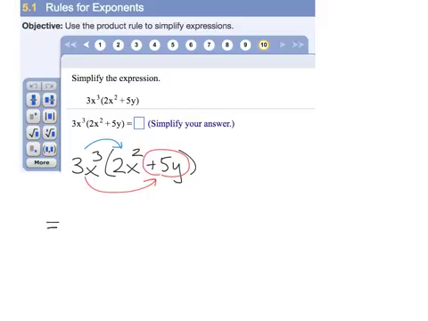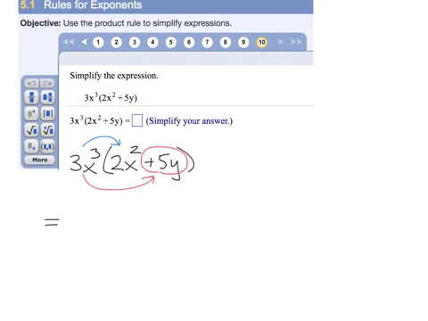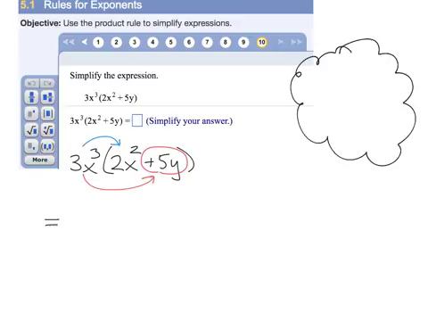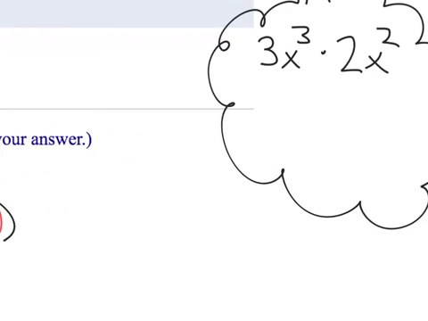So that means we're going to do this 3 times x cubed times 2 times x squared, all right? So if you need to, you can go over here on scratch paper and write 3x cubed times 2x squared, because that's what this portion of the multiplication is.